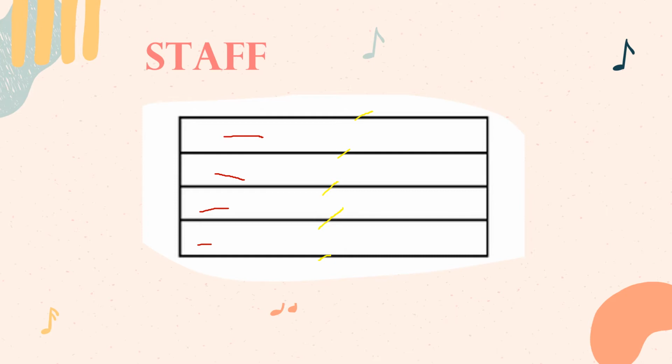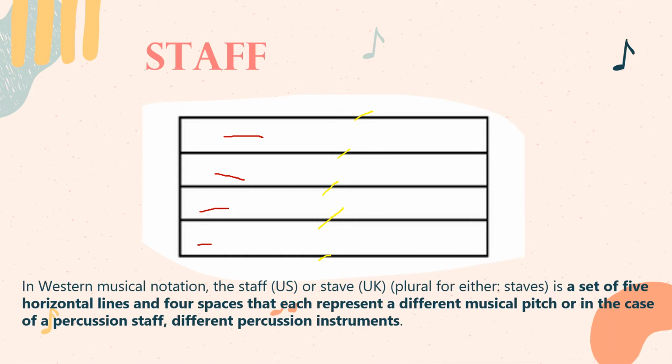So that's it. Okay, so staff, in Western musical notation. In the United States, it is spelled as STAFF. So we won't be confused, in the UK or United Kingdom, they spell it as STAVE, but they are just the same. Pareha lang na sila.